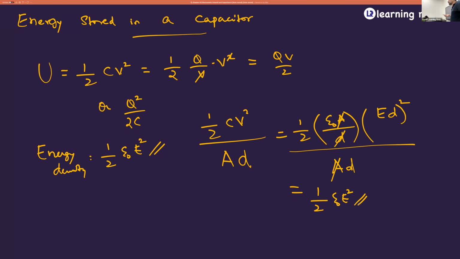It will get increased by a factor of K. So here you will write K times epsilon naught. See, mostly they will not ask that kind of a question. Whenever they ask about energy density, by default it is half epsilon naught E square only. Suppose they want to twist it and they replace air medium with something else, then epsilon naught should be replaced with K times epsilon naught. That's it.